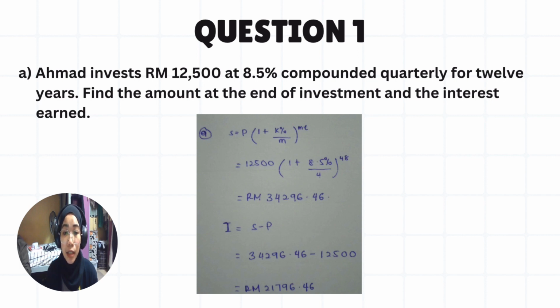And the answer is 34,296 ringgit 46 cents. And for the interest earned, we use the formula I equals S minus P.